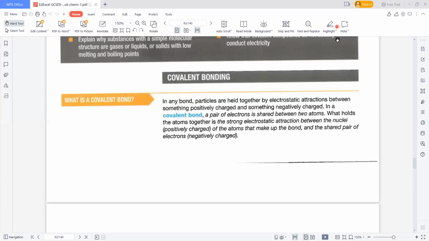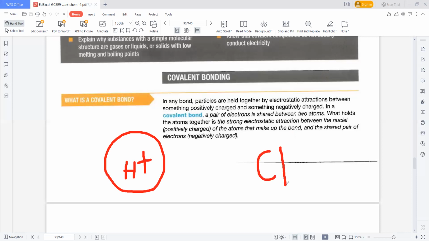Now, there is a twist in this. What they're trying to say is that these things are going to attract the positively charged. Let's say this is hydrogen. Generally, in water, there is a polar covalent bond. So when there's bonding between the water's hydrogen and, let's make it, oxygen, oxygen is negatively charged.